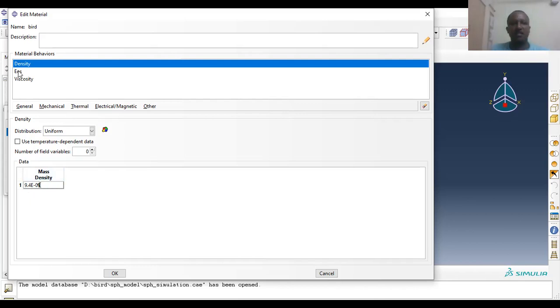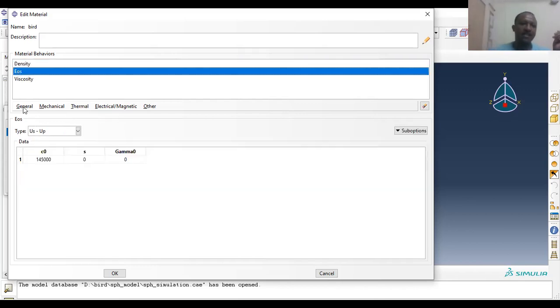And the equation of state is given with C naught from some experimental papers. I took 1,450 meter per second for C naught, along with S0 and gamma 0, and the method used here is the US-UP method.